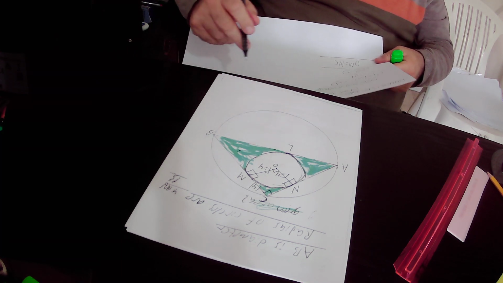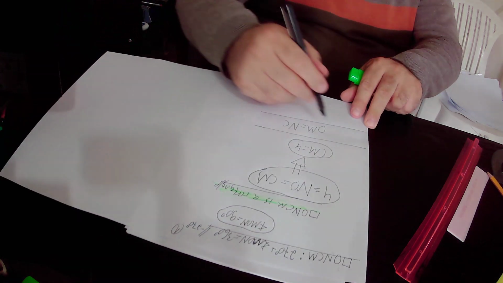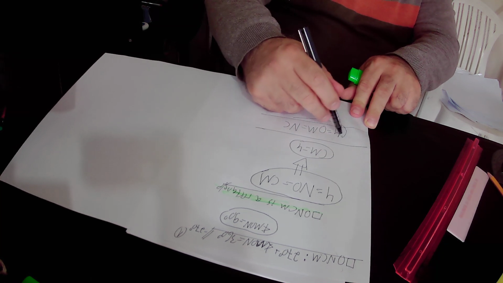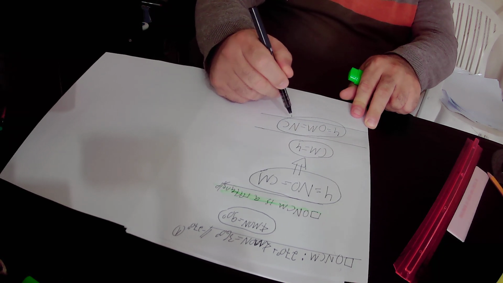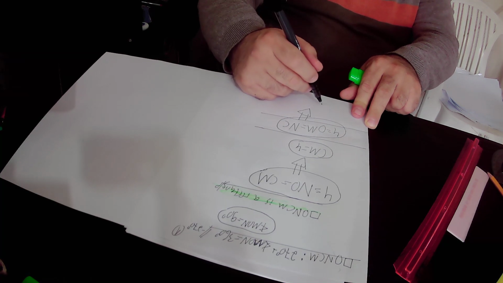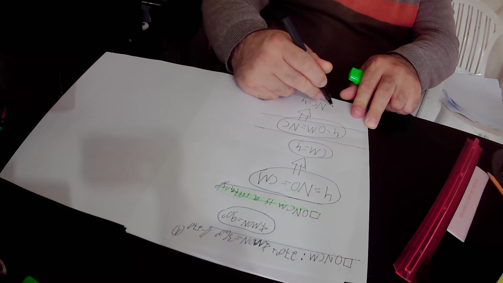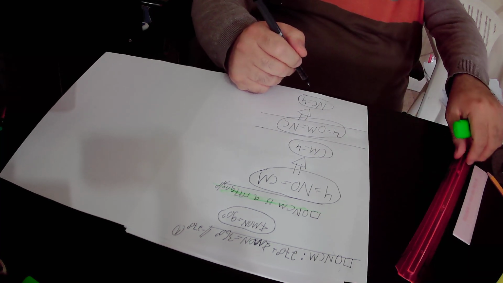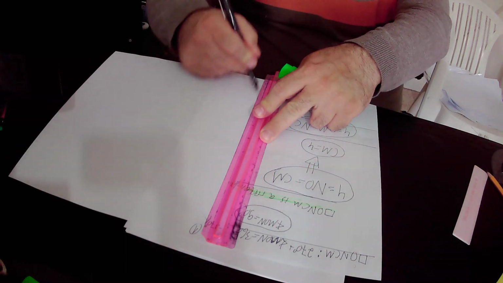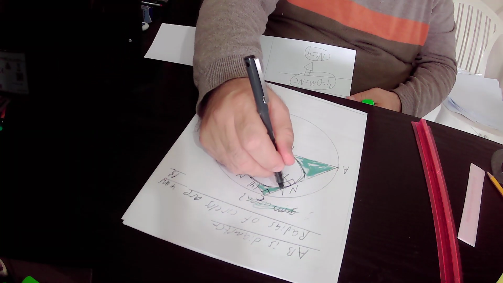It is the radius of the small circle. So we can write here that OM equals 4 units. And from this equation, 4 equals OM equals NC, we will derive that NC is also equal to 4 units. So we can write down here that NC equals 4 units.